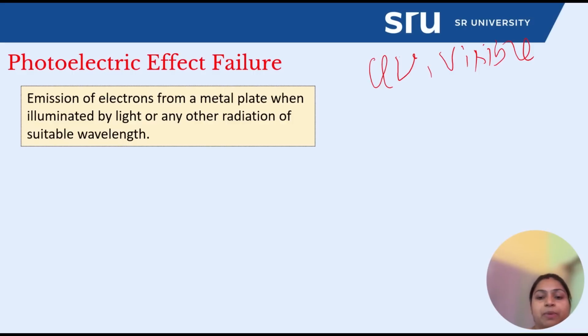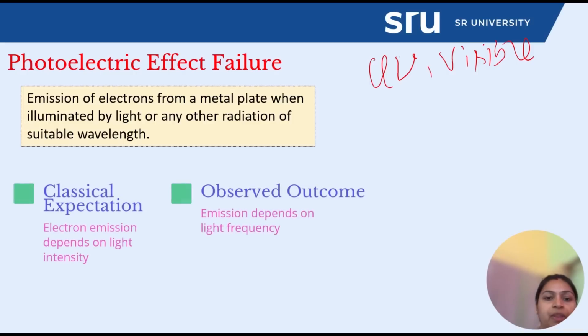But what is experimentally observed is something different: classically, electron emission depends on light intensity, but in observation emission depends on the light frequency.